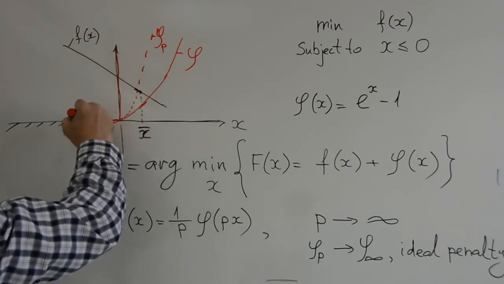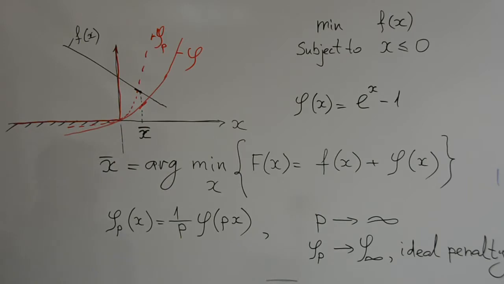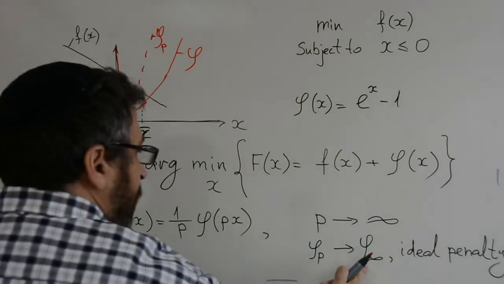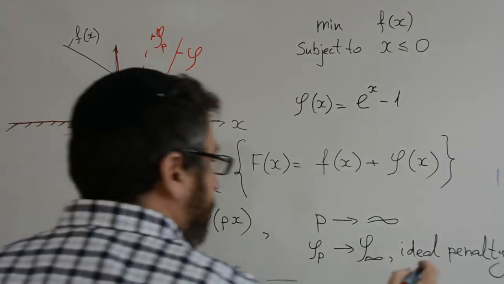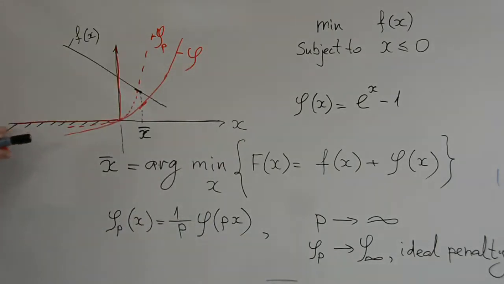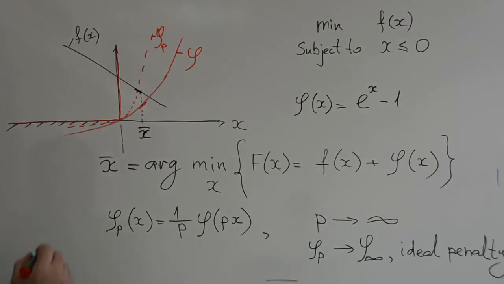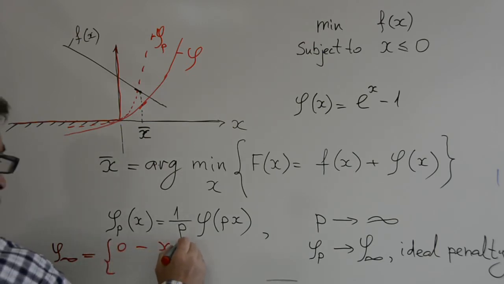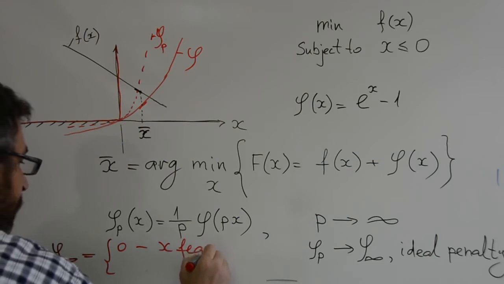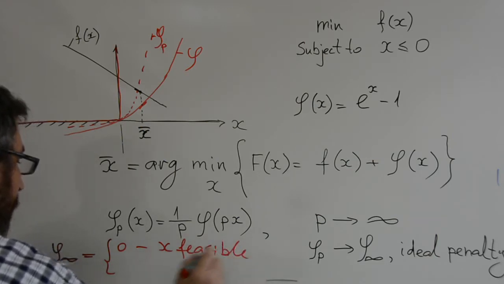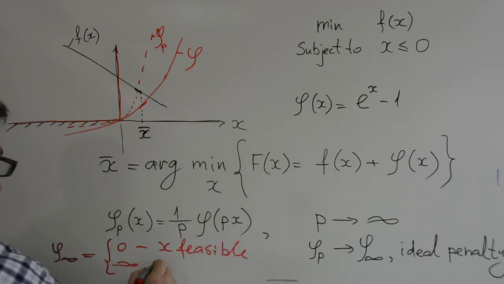What does it mean, ideal penalty function? It's written here. It's a function phi infinity which is 0 when x is feasible, and infinity otherwise.